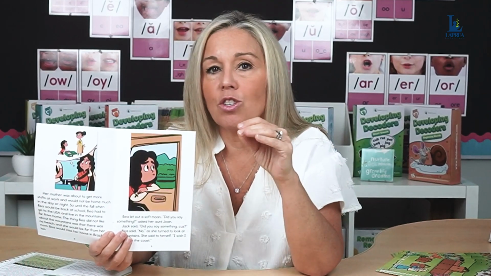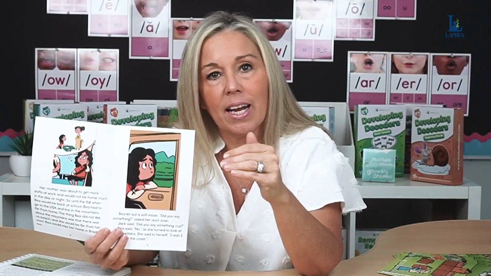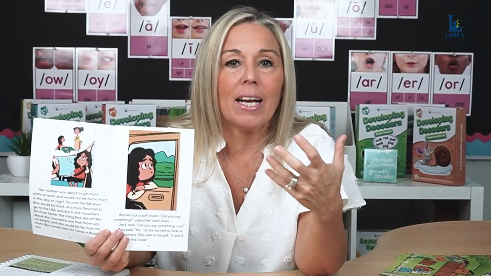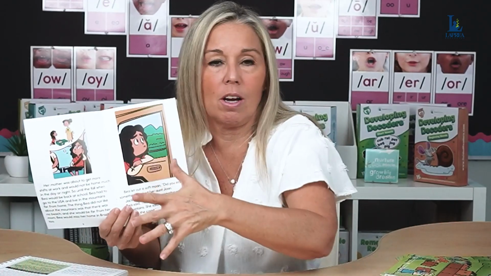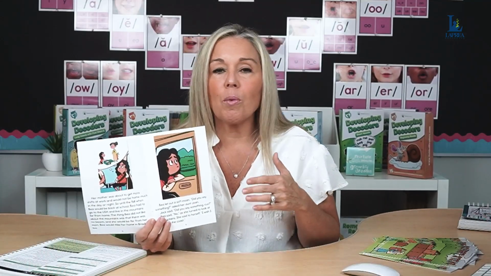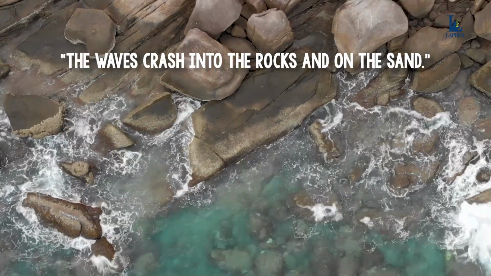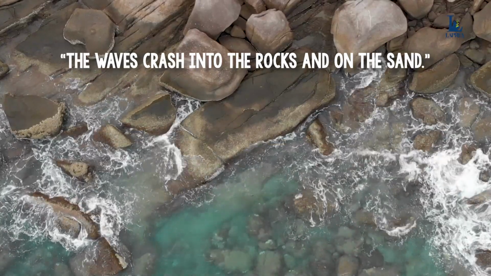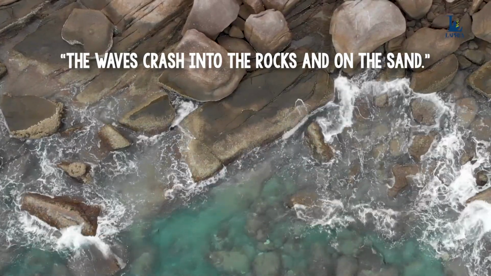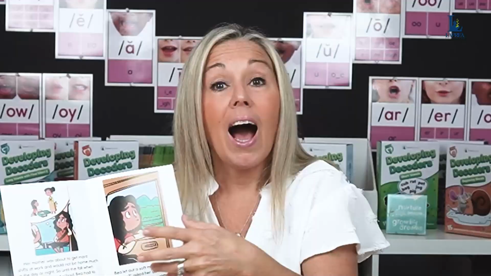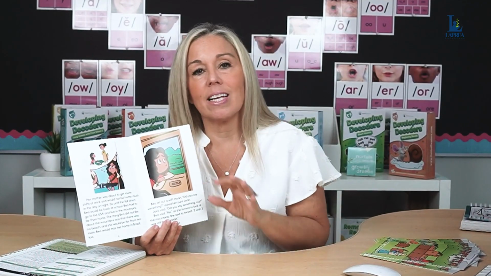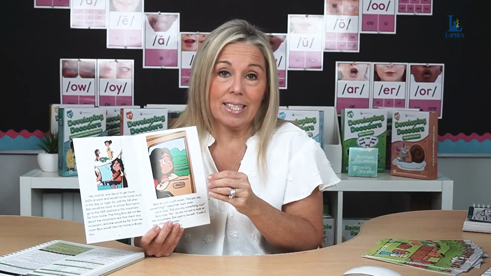I would ask students to describe what they're seeing by telling what's happening and/or the location of things in the picture. I'll start with an example like, the waves crash into the rocks and on the sand. I would make sure to use the focus word coast in the sentence. I would write or display the sentence somewhere that students can see it.